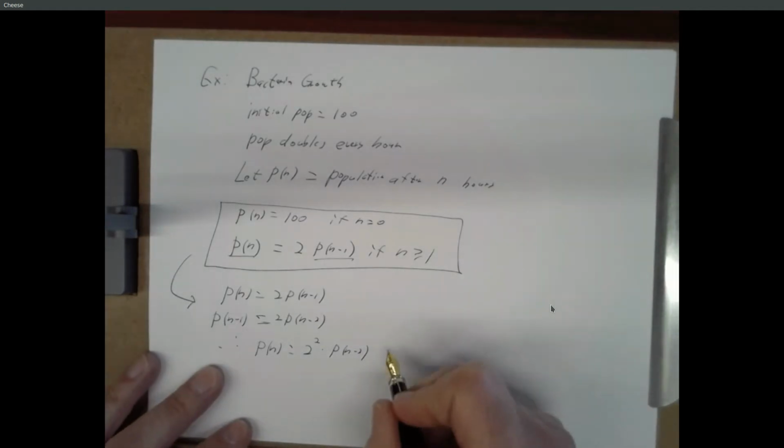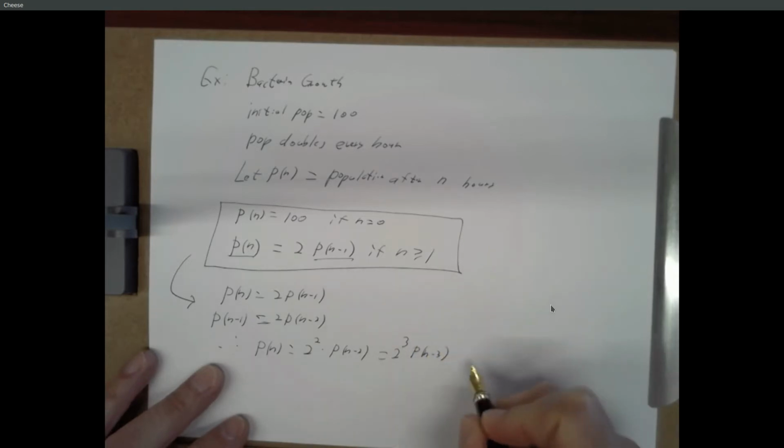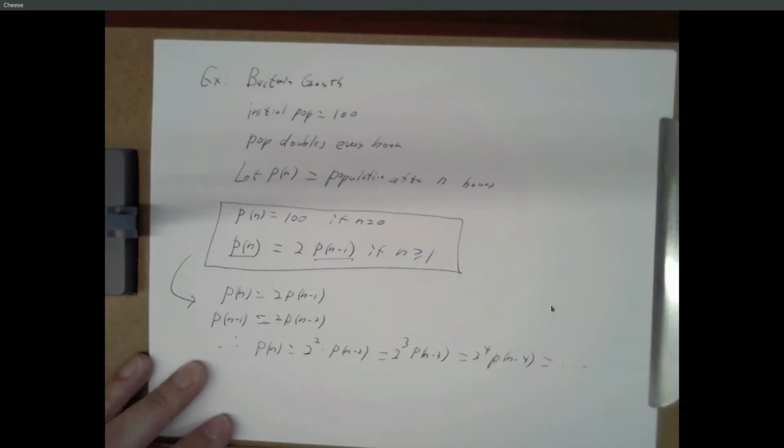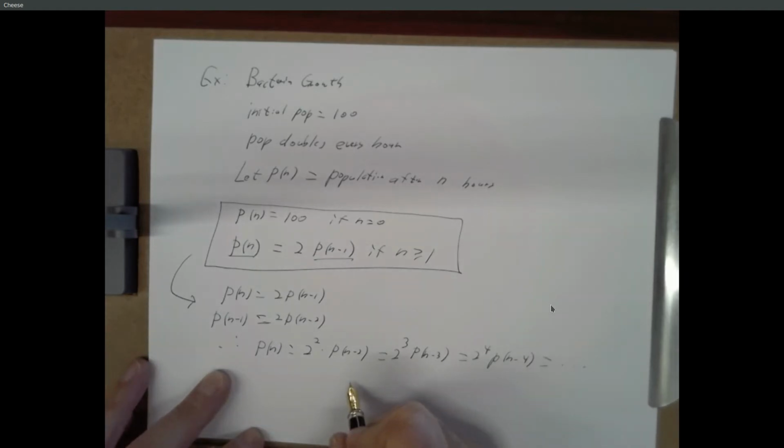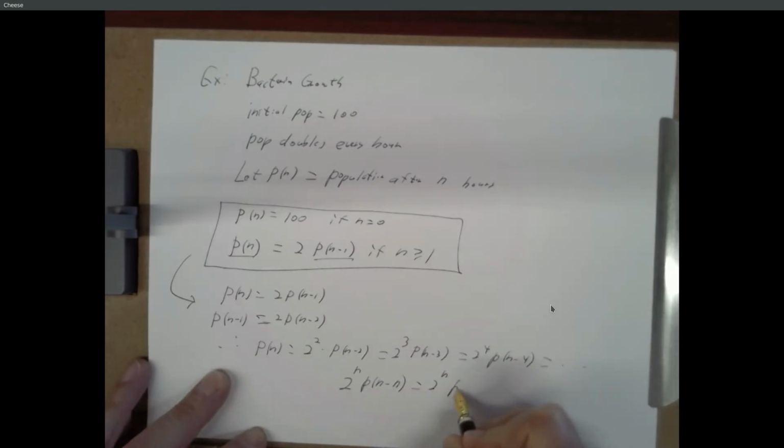And if we do that again, this will also be 2 cubed P of n minus 3, or 2 to the 4th P of n minus 4. And if we do this carefully, we'll see that this is also equal to 2 to the n P of n minus n, which is 2 to the n P of 0.